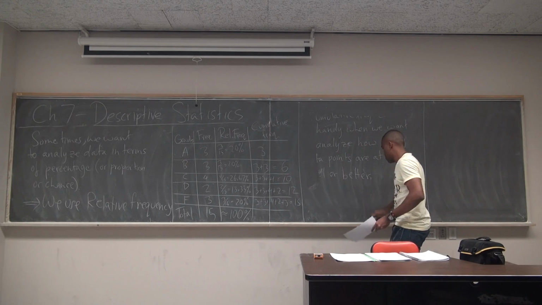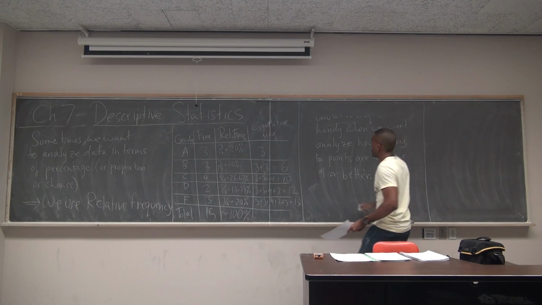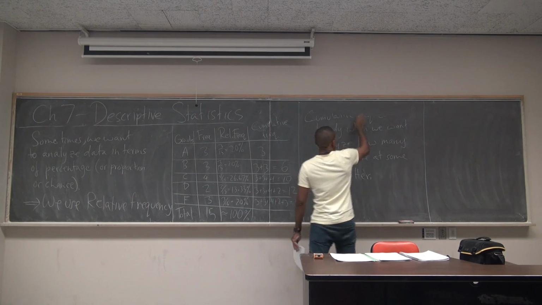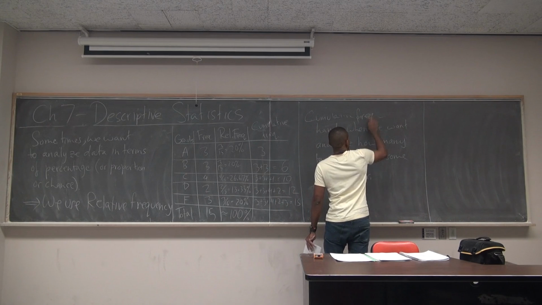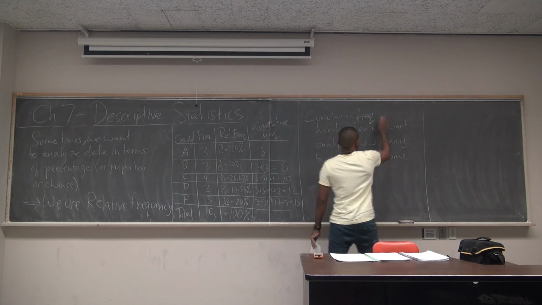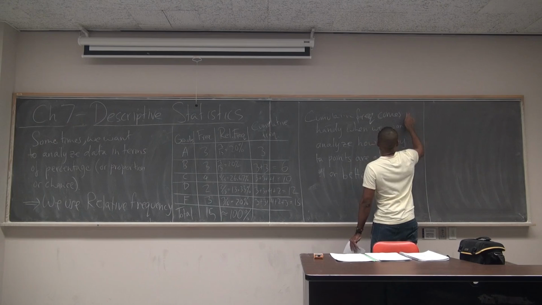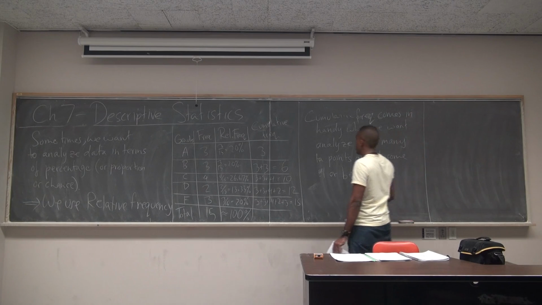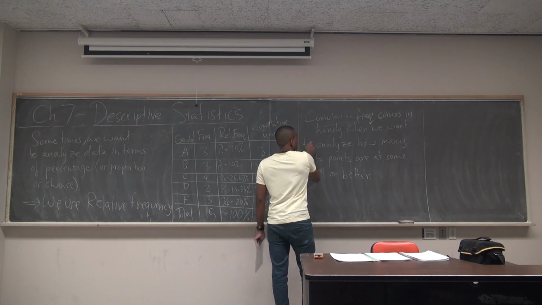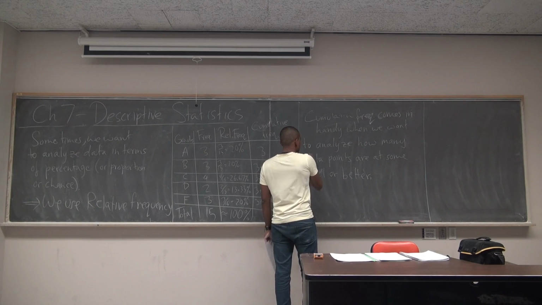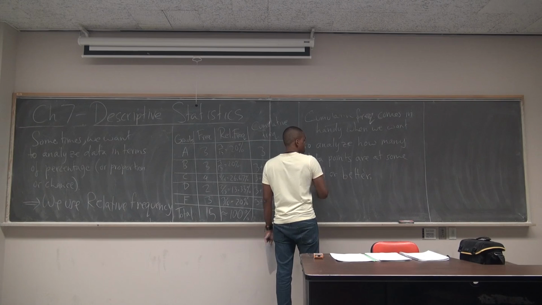What does it say after or at some? So it's cumulative frequency. It comes in handy when we want to analyze how many data points are at some level or better.